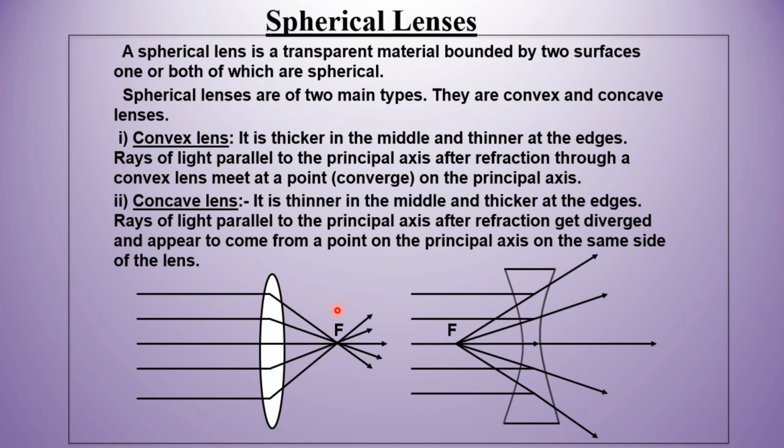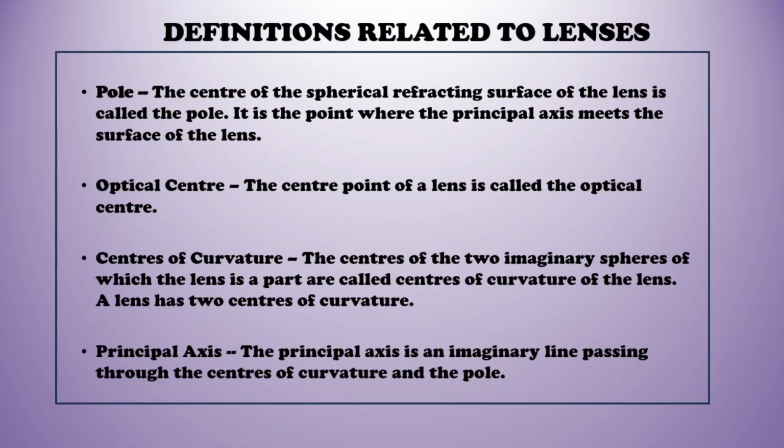Next, a concave lens is also known as the diverging lens because it diverges a parallel beam of light rays passing through it. Rays of light parallel to the principal axis, after refraction, get diverged and appear to come from a point on the principal axis on the same side of the lens. So we are going to see some of the definitions related to lenses.